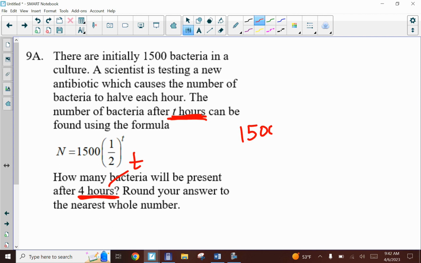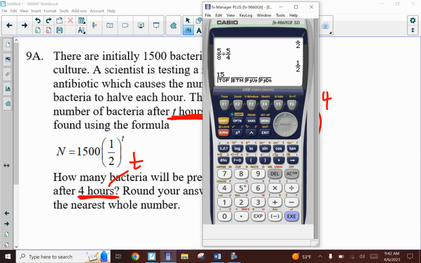So we do 1,500 times 1/2 to the 4th power, and then type that in your calculator. 1,500 times 1/2. And we got to close that parentheses and raise that to the 4th power. I need this as a decimal, so that's 93.75.